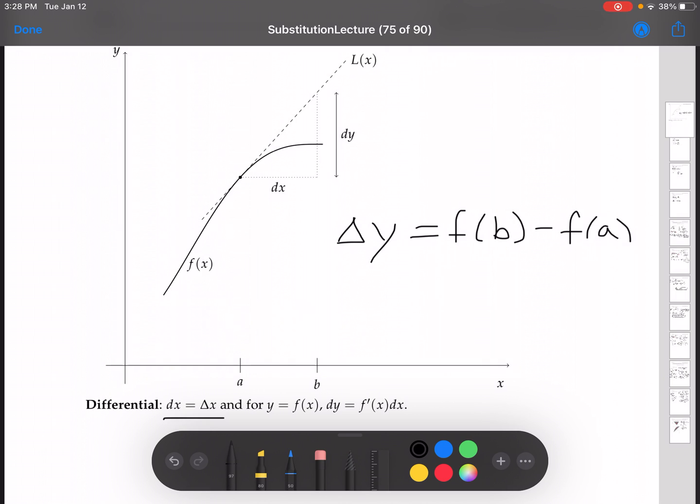This a goes up to f of a, and b goes up to f of b. So f of b minus f of a, that's this distance, otherwise known as that distance right there.